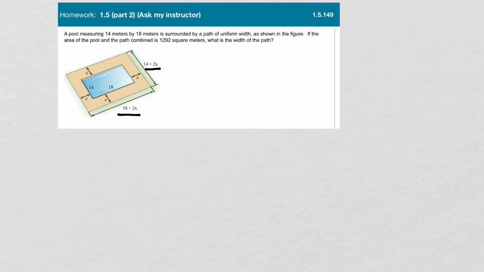So I'm going to say that the area of that pool and path is 14 plus 2x times 18 plus 2x. But we also know that the area is equal to 1,292 square meters.